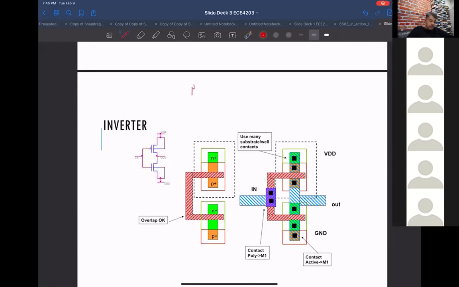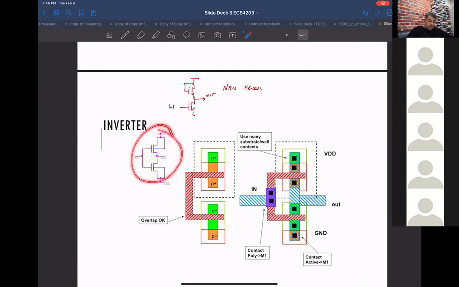Remember, the thing we're doing for the lab has an NMOS for the pull down and an NMOS for the pull up. This is the so-called NMOS process. But the CMOS process basically replaced this with a PMOS transistor and connected it to the gate of that PMOS as well.